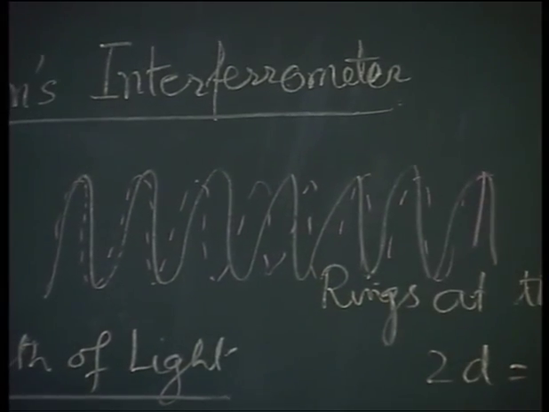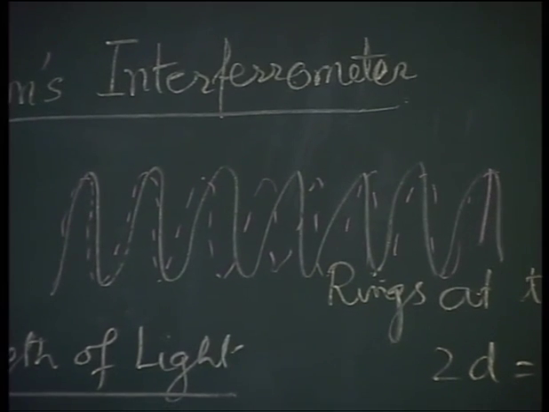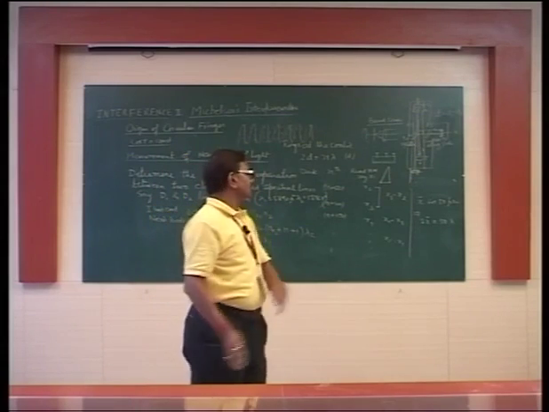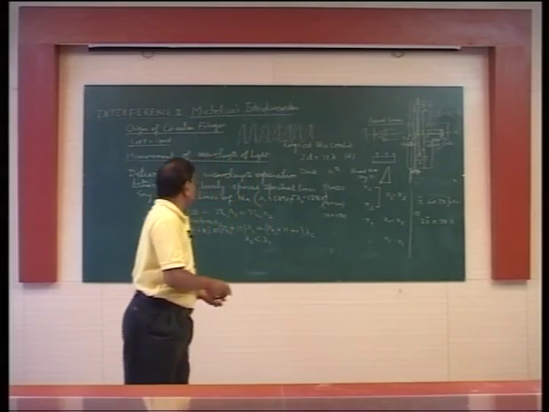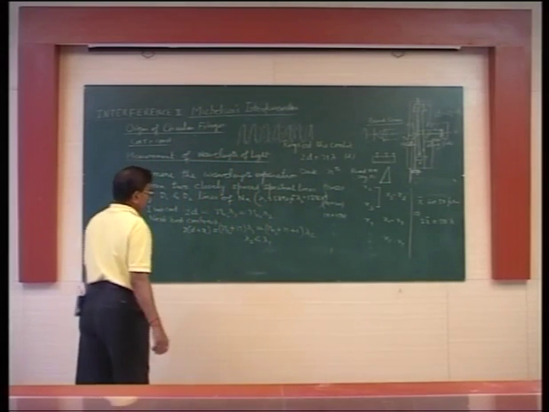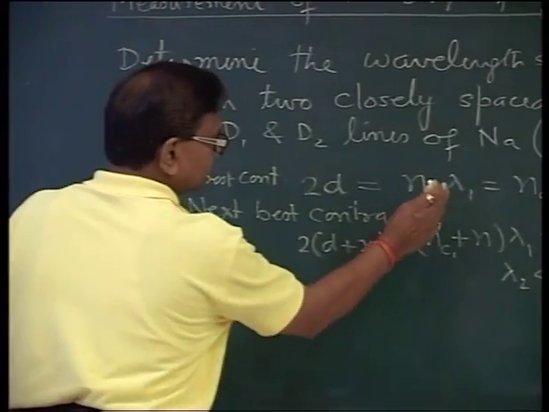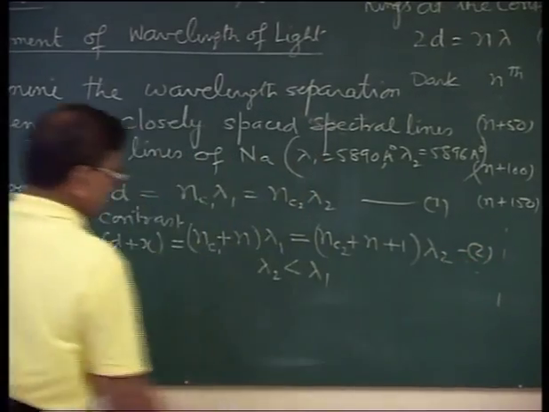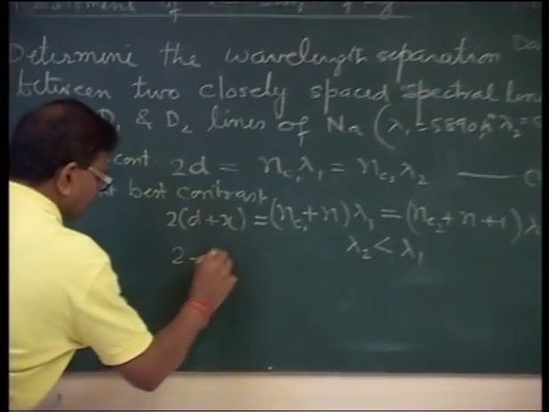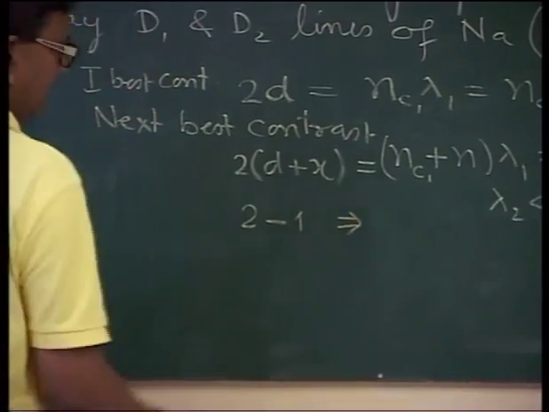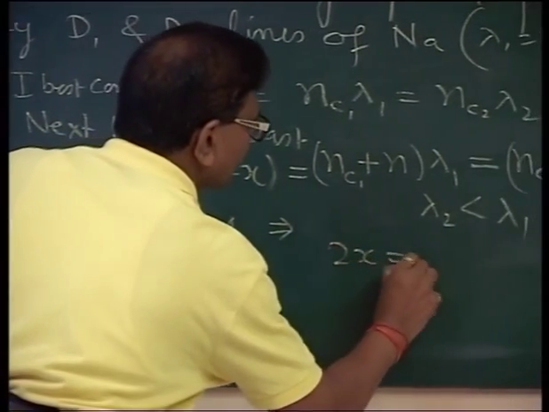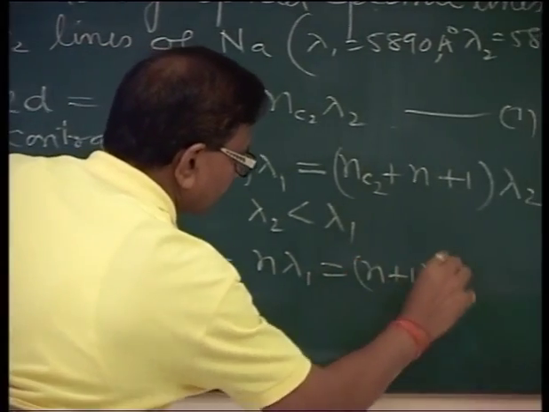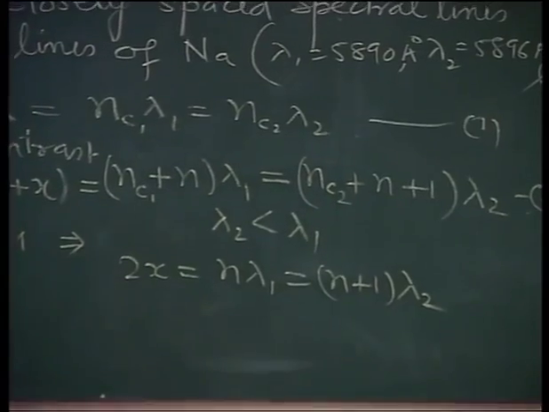will be reached when N plus 1 fringes will fall in the same distance as N fringes of the larger wavelength. Subtracting, say one equation and this is two equation, then 2 minus 1 will lead to 2x is equal to n lambda 1 is equal to n plus 1 into lambda 2.